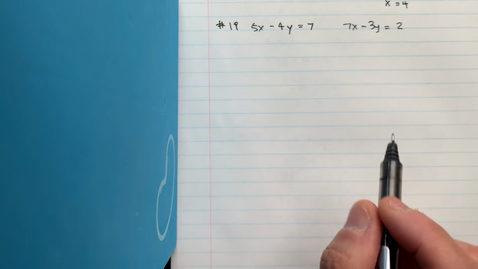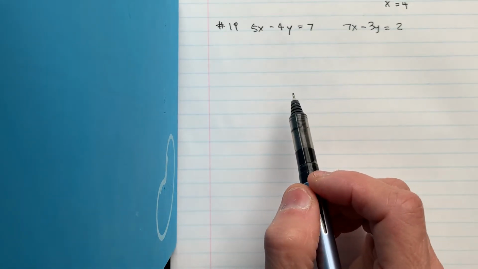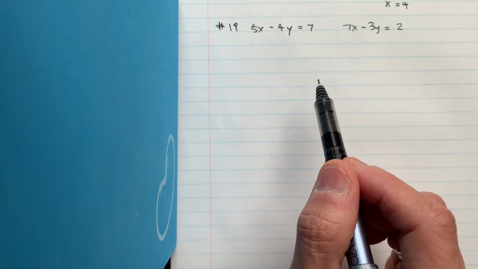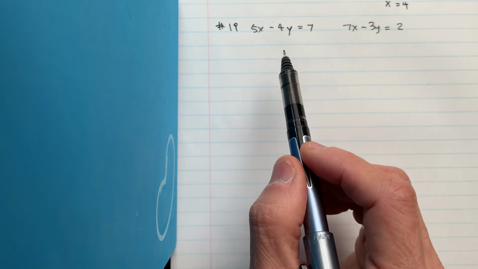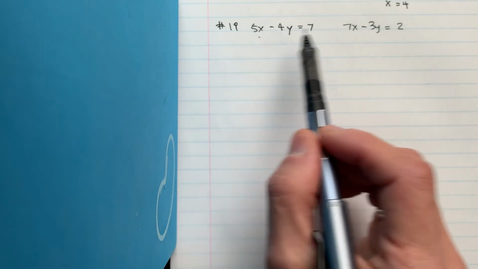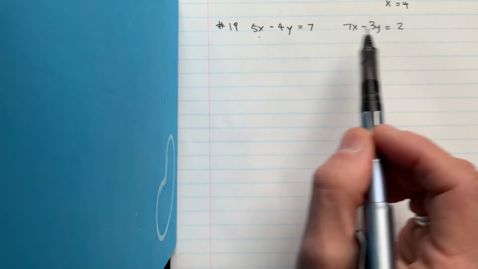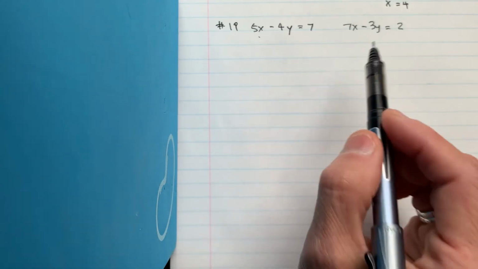All right, so there's a 5 here and there's a 7 here. We want to figure out how we could eliminate them, and the best way is to find their least common multiple. So we could either multiply this one by 7 and that one by 5, or we can do the y's with 3 and 4, but let's just do it with 7 and 5.